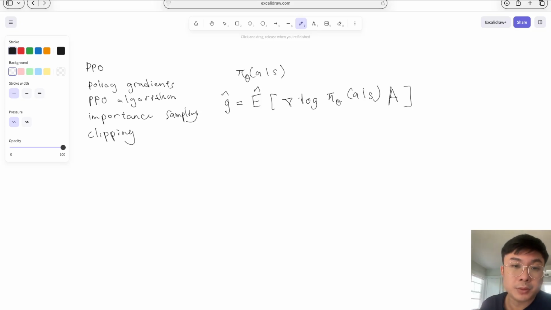So the PPO algorithm makes use of this idea of the policy gradients. However, there are two loops, so let's explain the PPO algorithm.